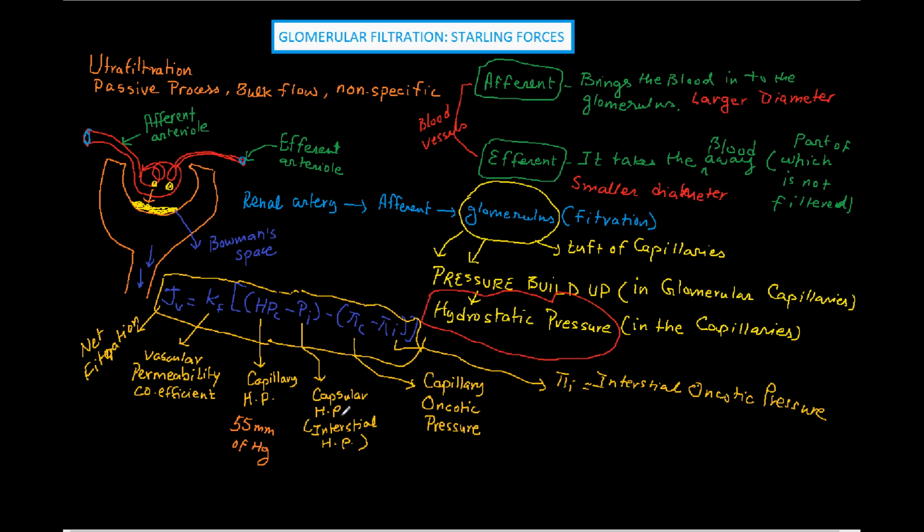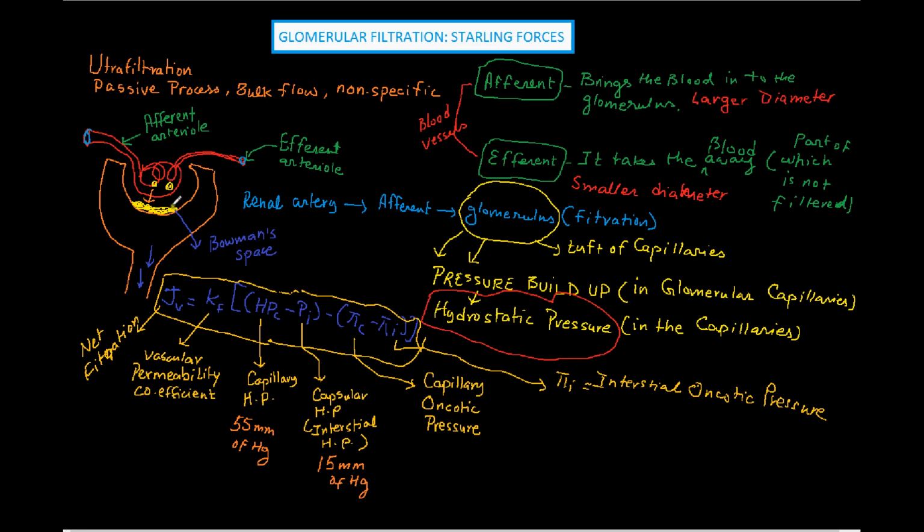Now the capsular hydrostatic pressure, the interstitial hydrostatic pressure. This is usually about, I would say, probably 15. Some books say 10, some say 15. So let's put it at 15 millimeter of mercury. That capsular hydrostatic pressure is in the capsule, like in the Bowman's space.